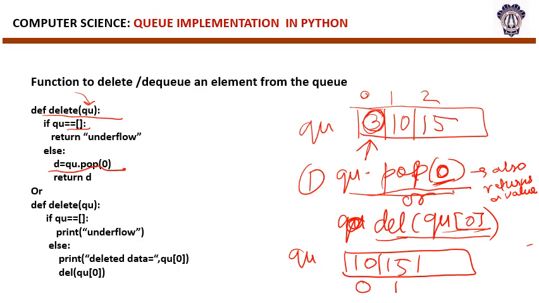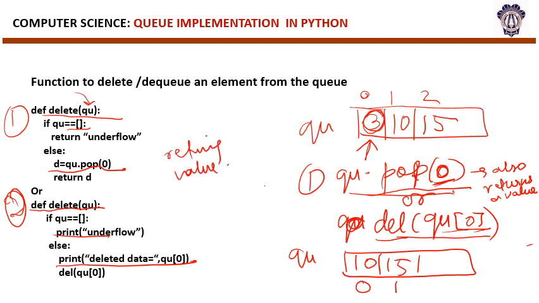You can also write like this, print. So the difference between the first and second function is, the first function is returning a value. The second function is simply printing the deleted value.